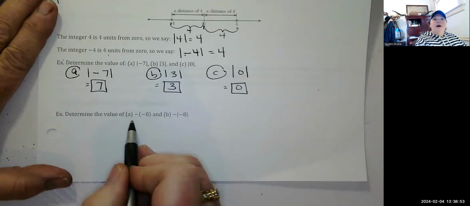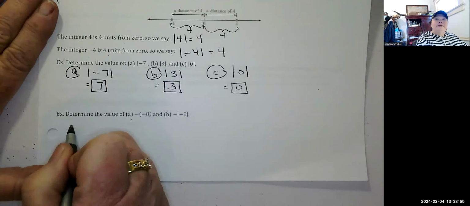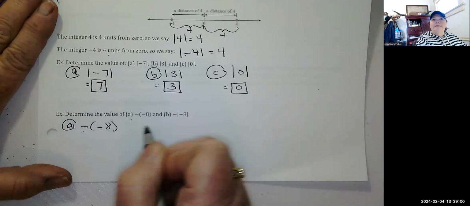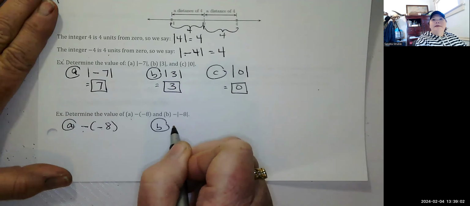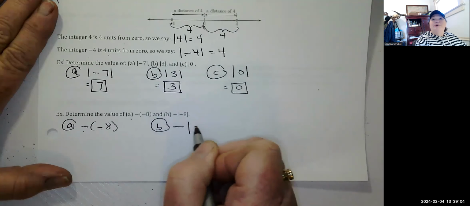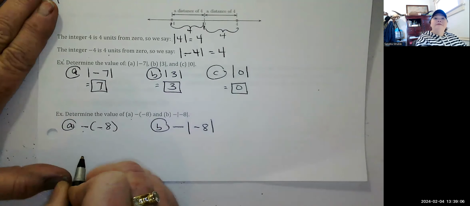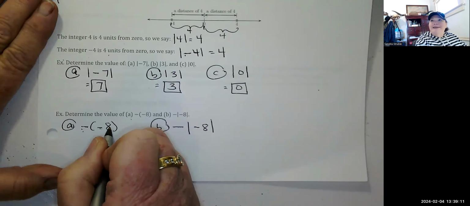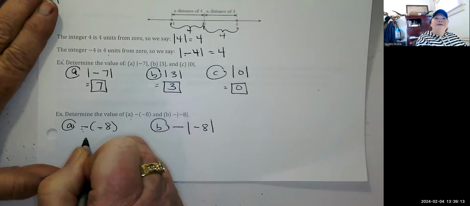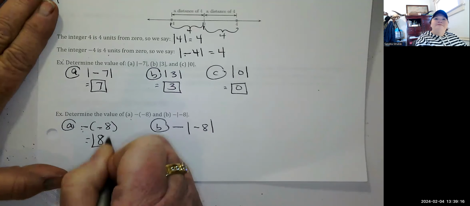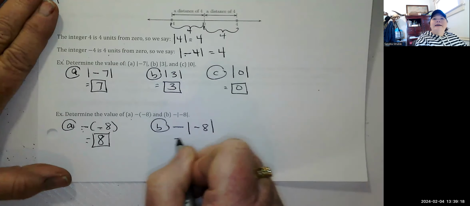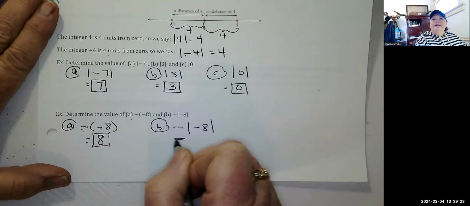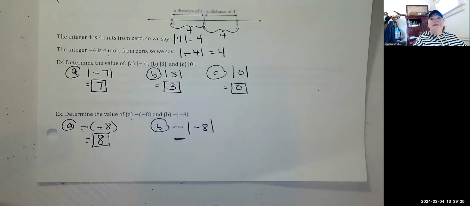So determine the value of A is -8, or the opposite of 8, and B is the opposite of the absolute value of -8. All right. So the opposite of -8, which you're not going to hear me say very much longer, is just 8. The negative of the absolute value of -8 is still negative. And this is going to be two pieces here.